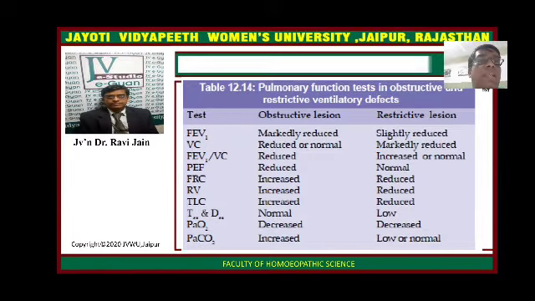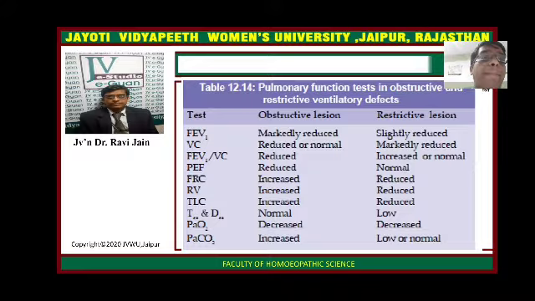The peak expiratory flow volume is reduced in case of obstructive lesion, whereas it is normal in case of restrictive lesion. The FRC is increased in the obstructive lesion, whereas it is reduced in case of restrictive lesion. The residual volume is increased in case of obstructive lesion, whereas in the restrictive lesion it is reduced.